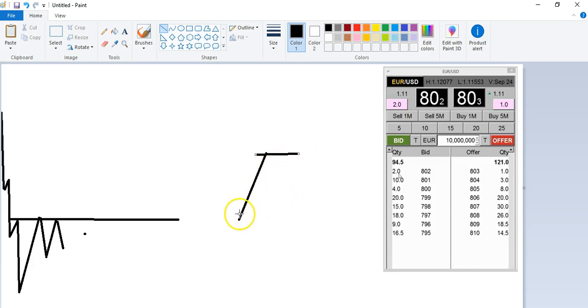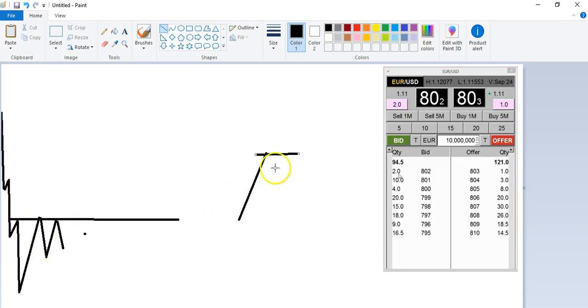I've seen it happen several times, mostly in the cryptocurrency market. If it's happening there, it's also happening here. So what we can look at is the level 2, to know if this move is actually being supported by volume.